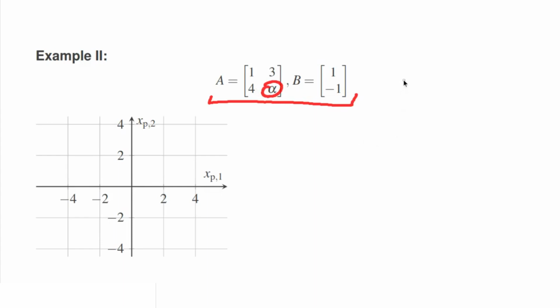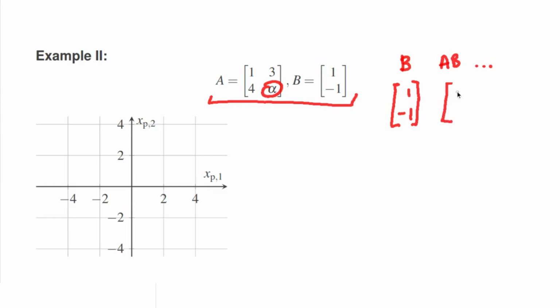And to do that, we need to find the sequence B, AB, and so on. Since A is only 2 by 2, these are the only two terms that we need to find. So the first term, as before, is extremely easy. B is just 1, -1. And to get the second term, we need to form the matrix product AB. So let's just do that.